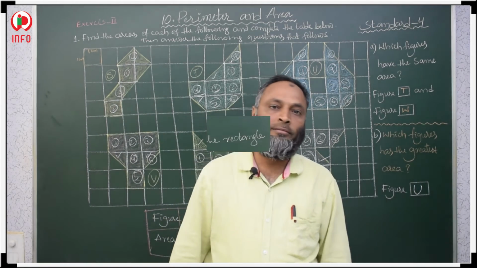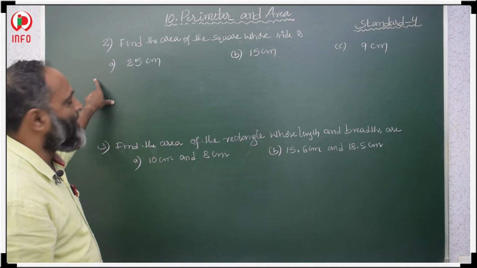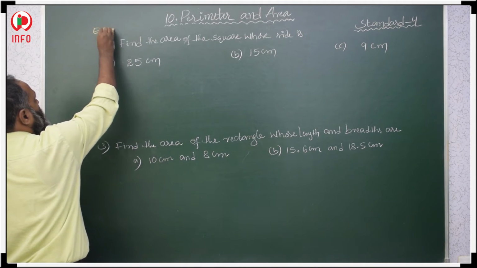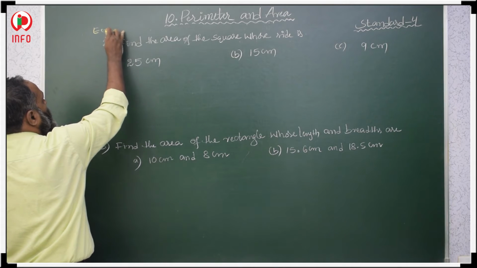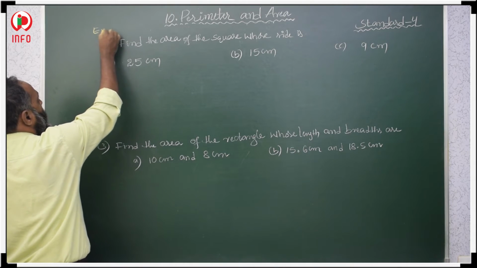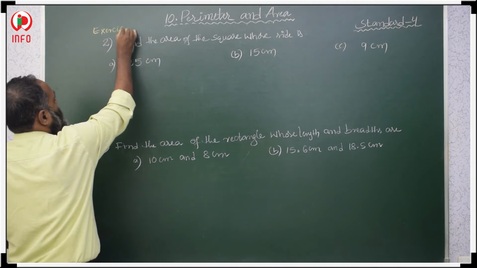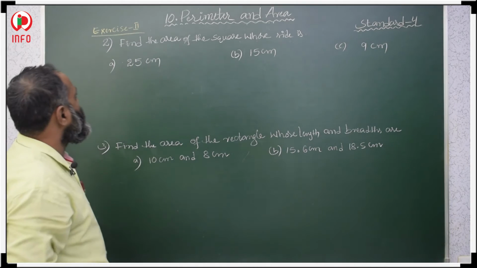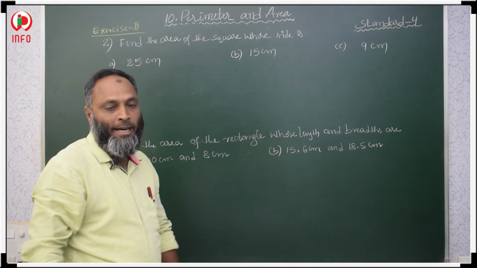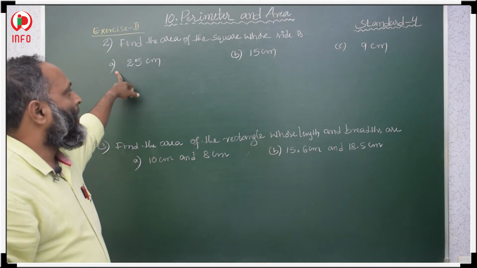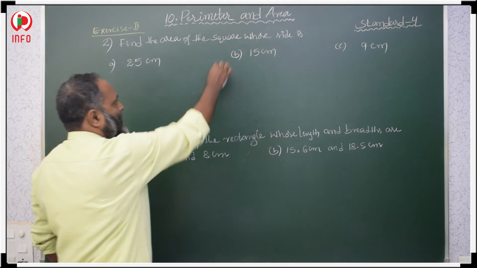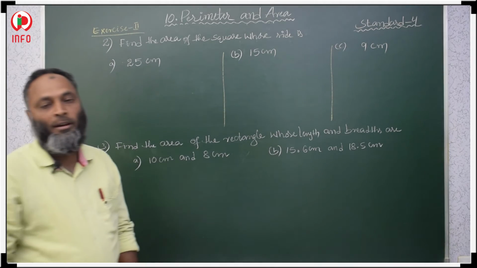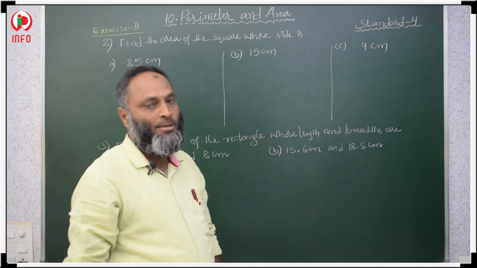Okay. Now in the second exercise, second question, find the area of a square whose side is given. Sides are given, so how to find the area? Area of a square formula we already discussed, that is side into side.